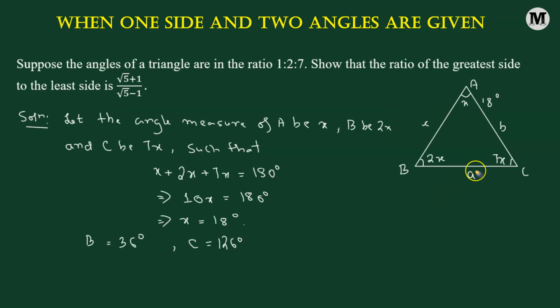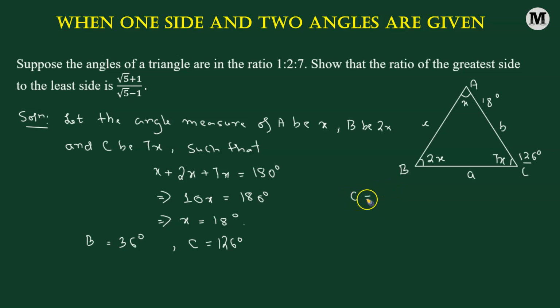Now we know that angle C is the greatest angle. That's actually an obtuse angle, although it does not match with our diagram here. It has to be an obtuse angle. But anyways, we know that the side that is opposite to the greatest angle is always going to be the largest side.